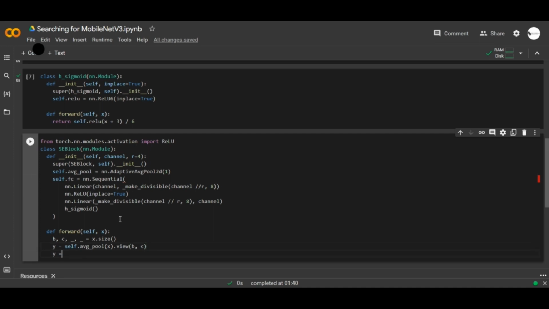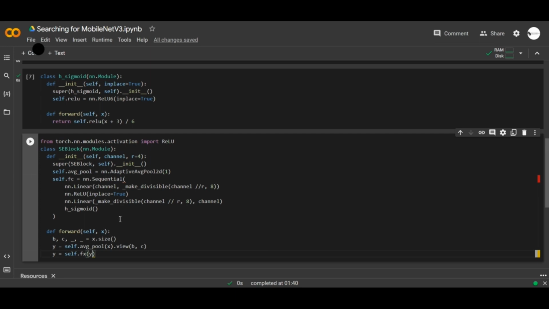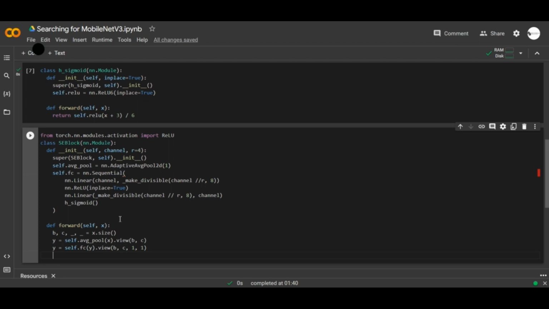Then Y equals self dot fully connected layer, taking Y dot view B, C, one by one. Then we return X times Y. Okay.